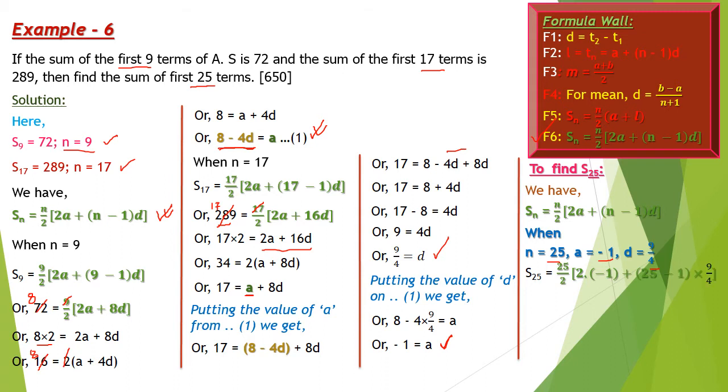Value of d is 9 by 4, bracket close. So sum of first 25 terms is 650.